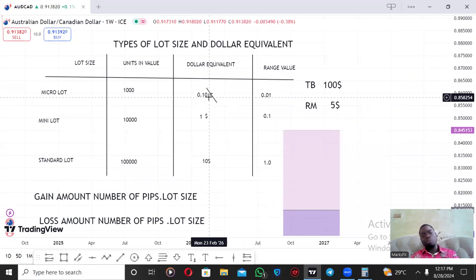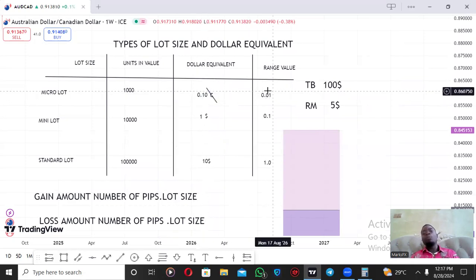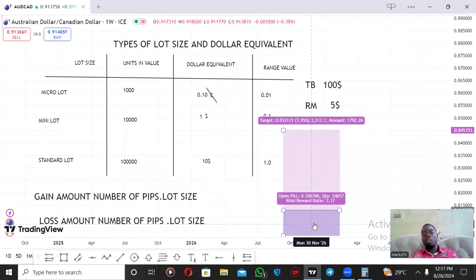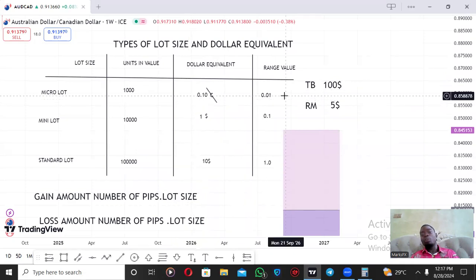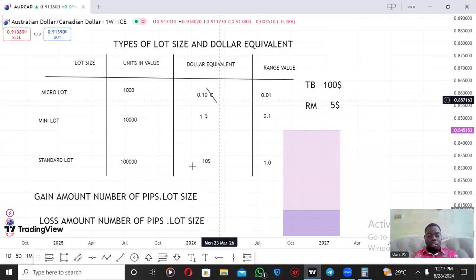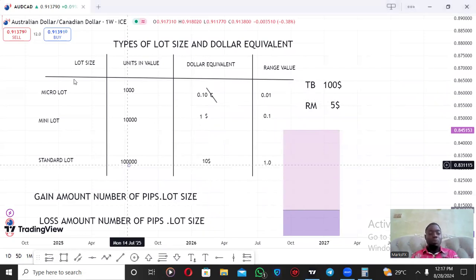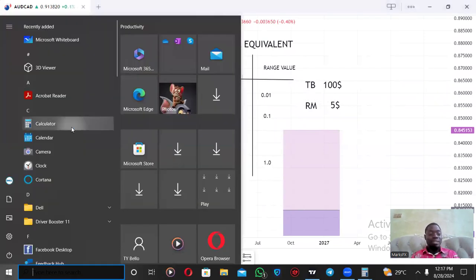So now we are not multiplying the lot size by our stop loss pips. We are multiplying the dollar equivalent, because if price goes in your favor or goes against you, you are not going to lose your lot size. You're going to lose your dollar. So for 0.01, if I'm using 0.01 now to test, pay attention.